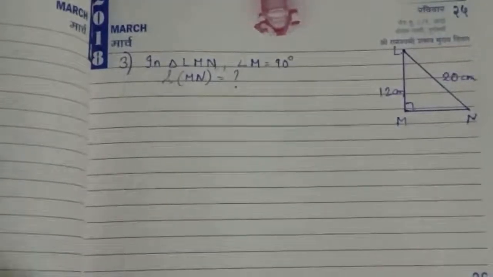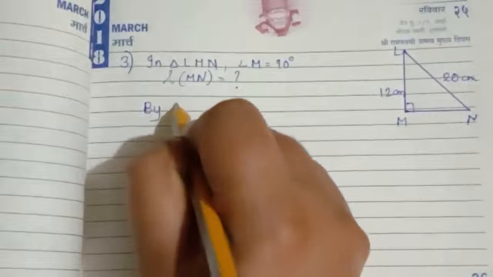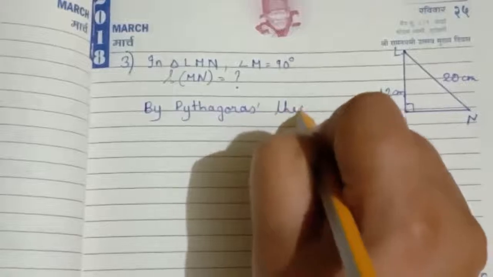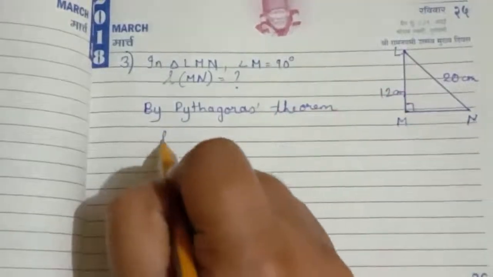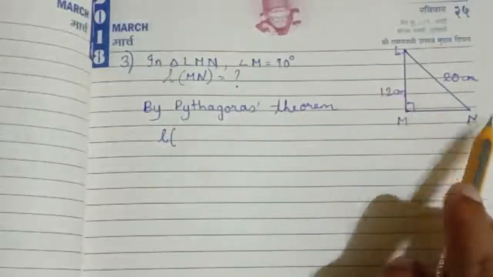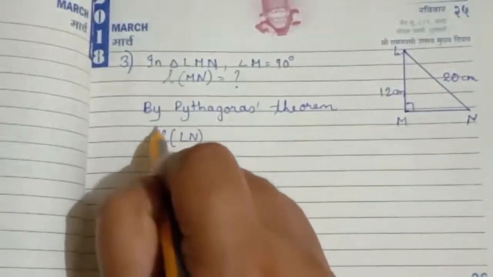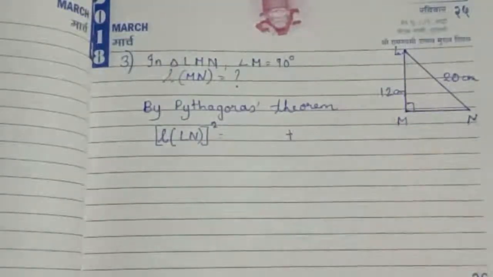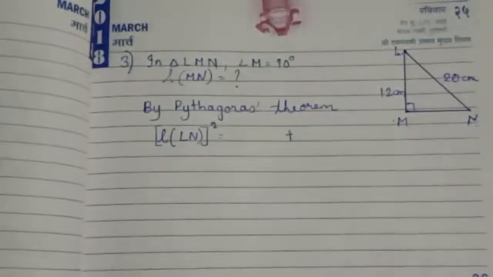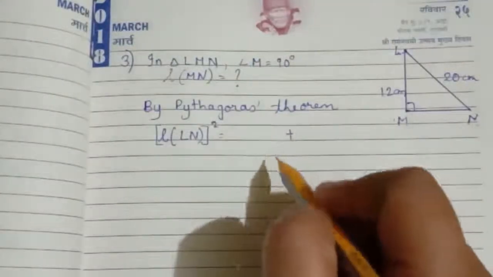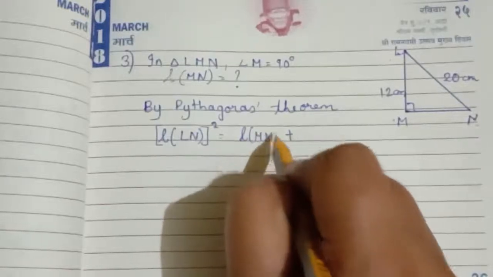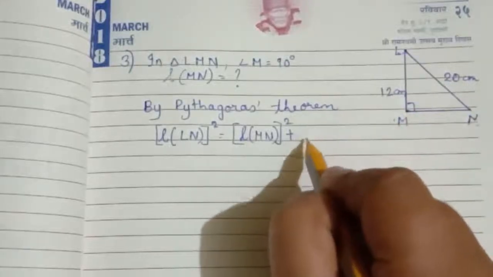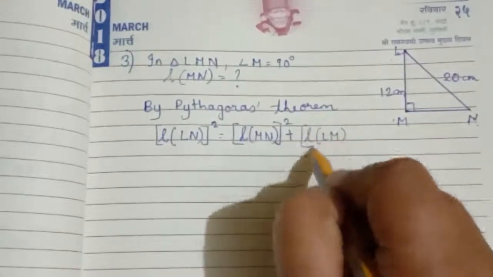So we'll write here, by Pythagoras theorem, length LN, this is our hypotenuse, so LN square is equal to the sum of the other two sides' squares. What are the other two sides? Length MN square, this is the base, and this is the height, so height square is length LM square.